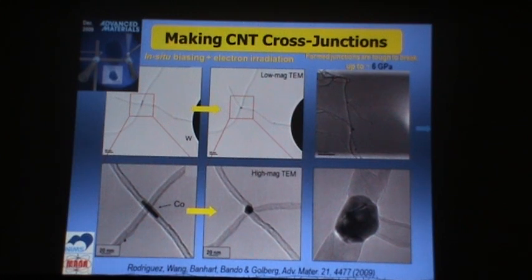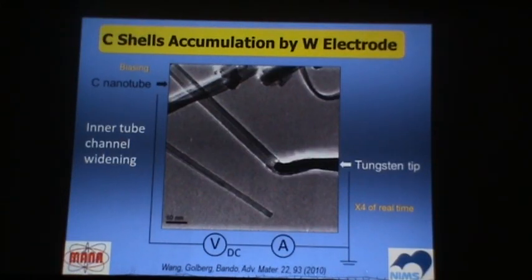This is a rather huge number because it's already comparable to spider silk. So it means these transition metals, like iron and cobalt, can serve as very new and very good clamps to make junctions between different structures.